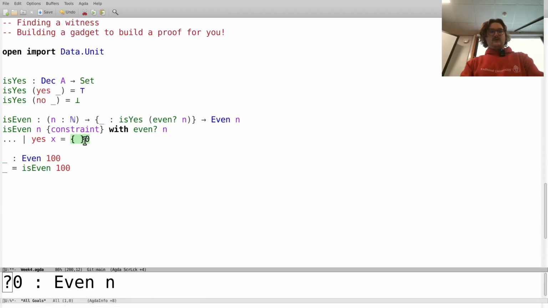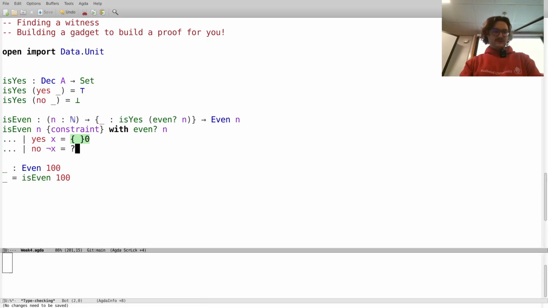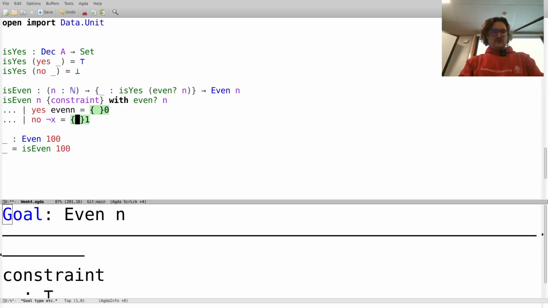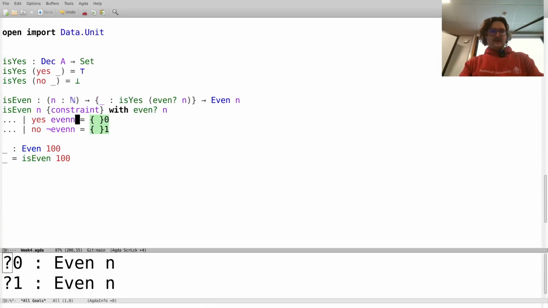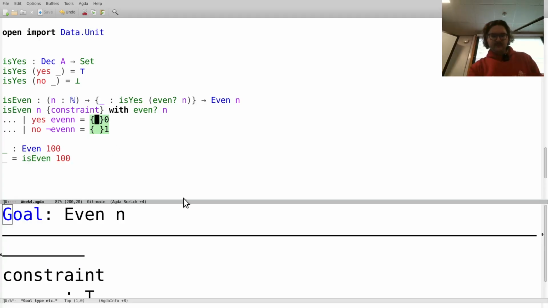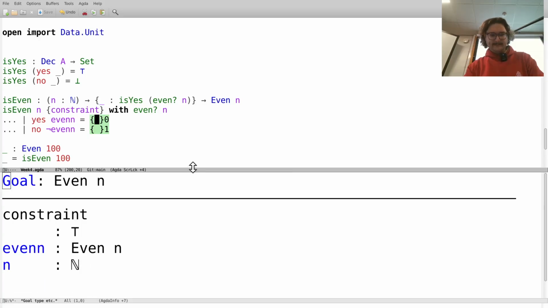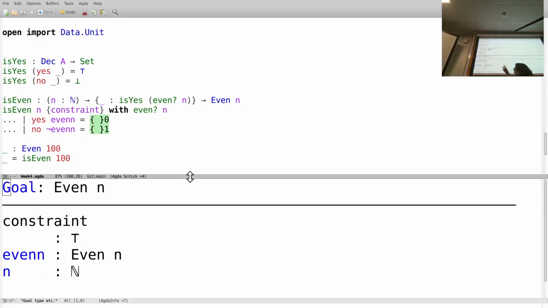Of course, it's keeping only one of the cases, but let's write it anyways. In the positive case, maybe zoom out a little bit, the intermediate computation returned this proof that n is even. And because we said it needs to say yes, and it did say yes, the constraint collapses to something trivial.